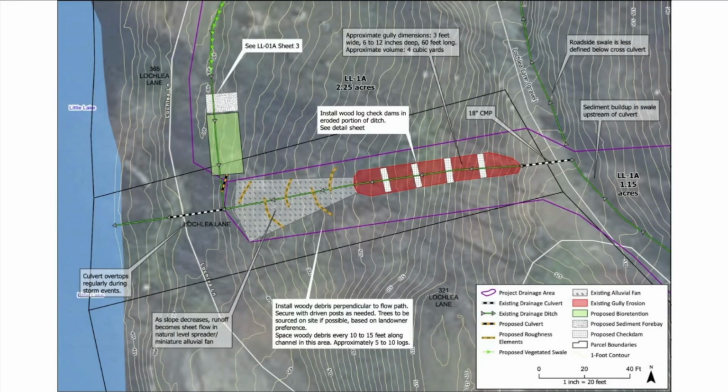They do take more time to build. They're usually done by a crew of hand labor. The Youth Conservation Corps in the past has done this on some projects we worked on. And you're basically getting, in lieu of stone, these log check dams that are held in place by posts, spaced appropriately along that channel to slow that flow down and mitigate the erosion.